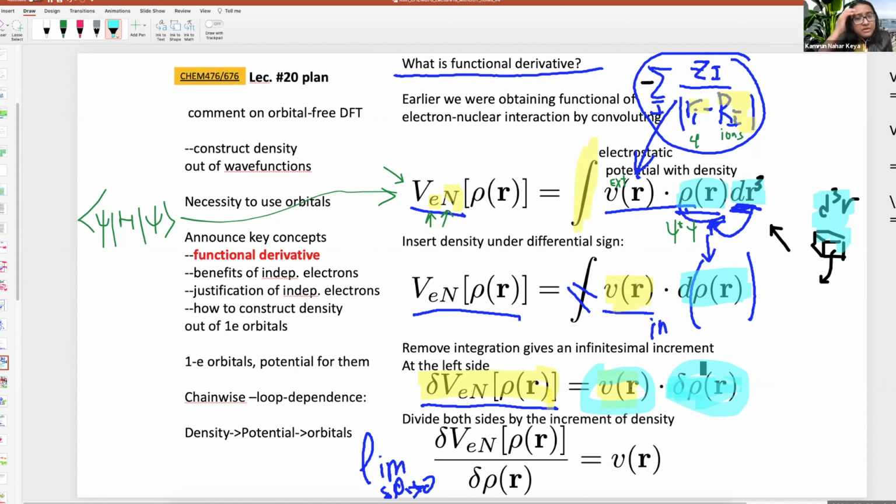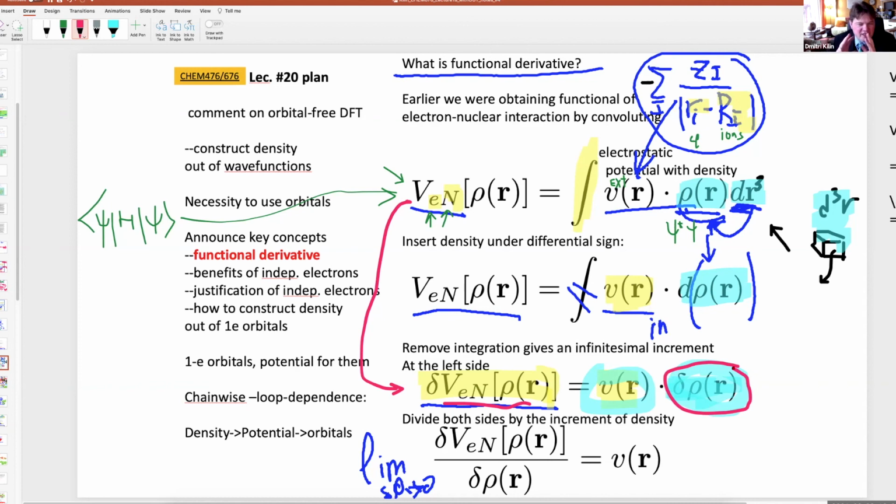Just repeat the sentence, Professor. Okay. So I'm going from the first line to the third line, and I'm looking for the contribution to electron to nuclear interaction from a little contribution to density.